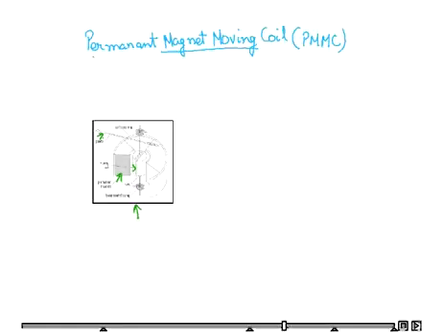Now this electromagnet is totally depending on the amount of current. Now when you are applying a current, it will create an electromagnet, and this electromagnet will move this pointer according to the magnitude of it.